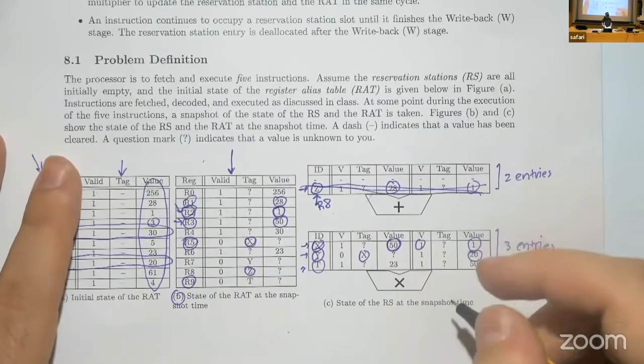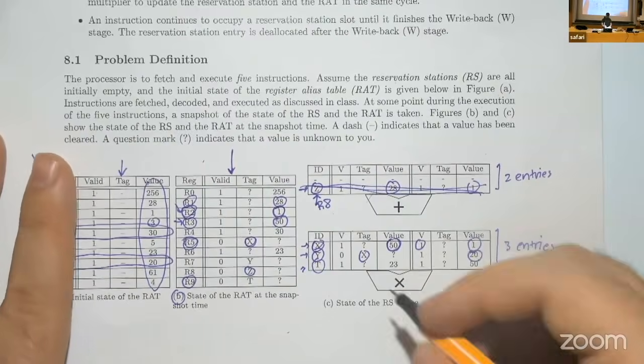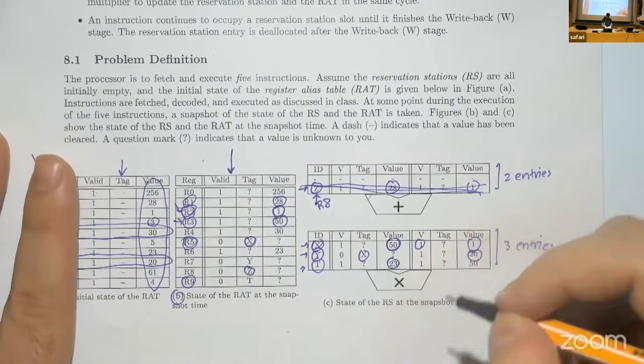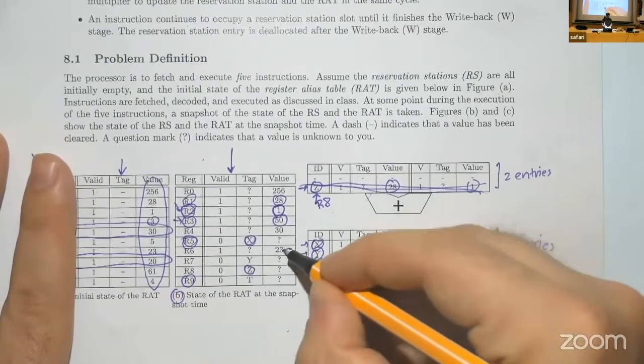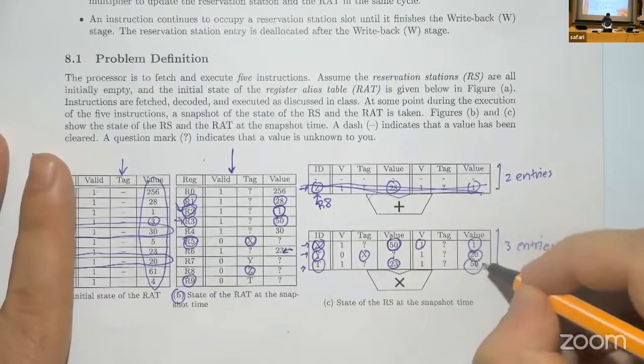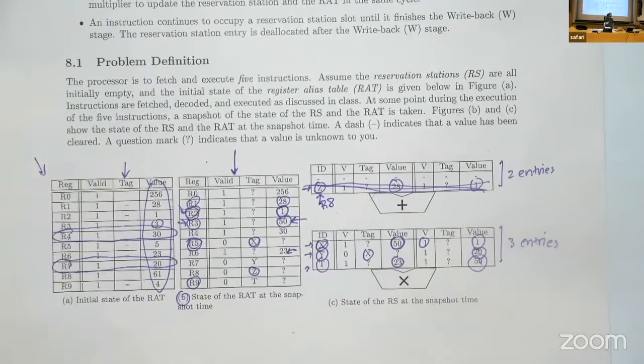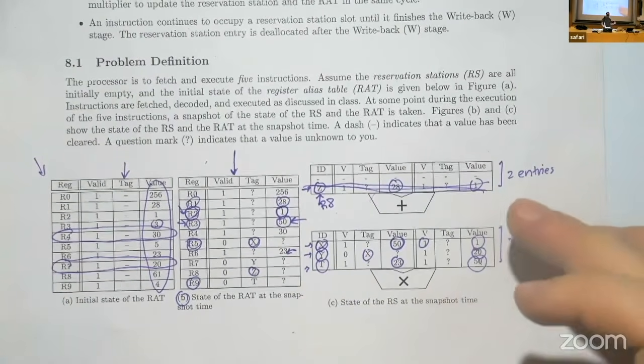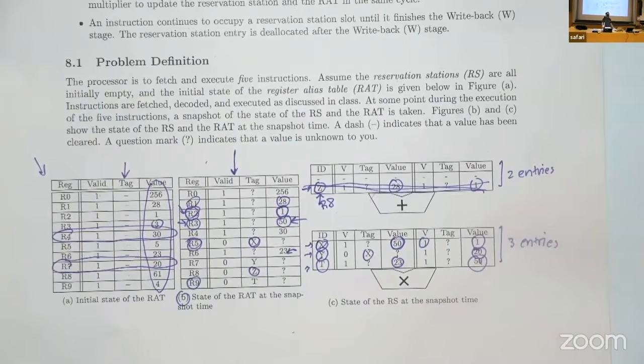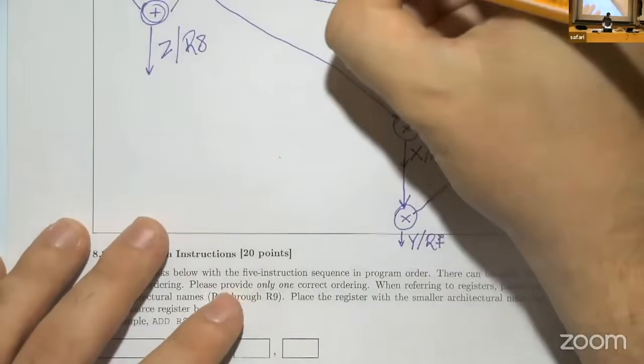And what are the values of the source operands? 23, which is R6, and 50, which is R3. That's pretty straightforward. We multiply R6 with R3, and we get the result in R9. That's why I left some space here.